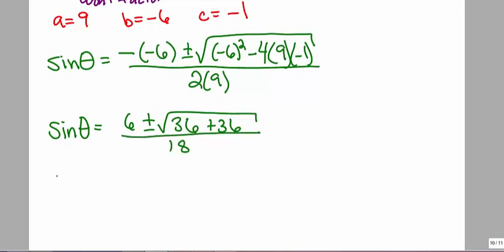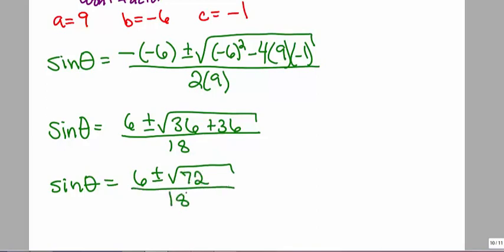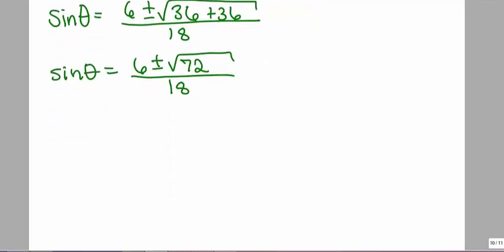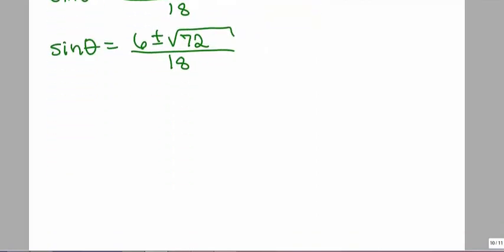Let's simplify just a little bit more. We have sine theta equals 6 plus or minus the square root. 36 plus 36 is 72 all over 18. Now we're going to stop simplifying there because we're going to let our calculator do most of the work for us here. Now keep in mind that we do have two sine values because we're looking for plus and for minus.